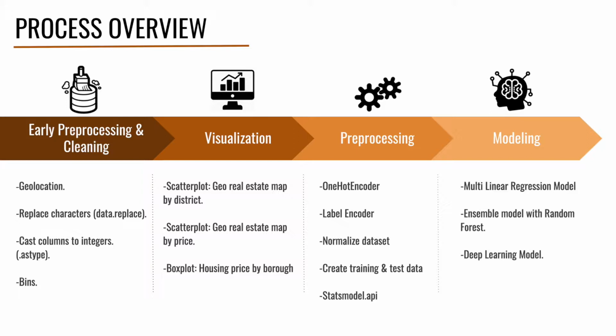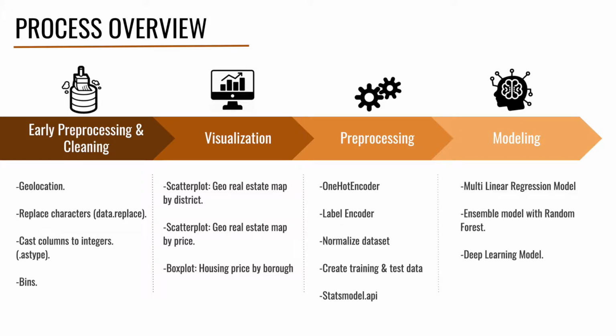The second part is visualization, where we did scatter plots and a box plot. Part number 3 is pre-processing, where we used label encoders, one-hot encoder, label binarizer, and a standard scaler to normalize our data. Part number 4 is modeling, where we used 3 different models: linear regression model, random forest model, and deep learning model.